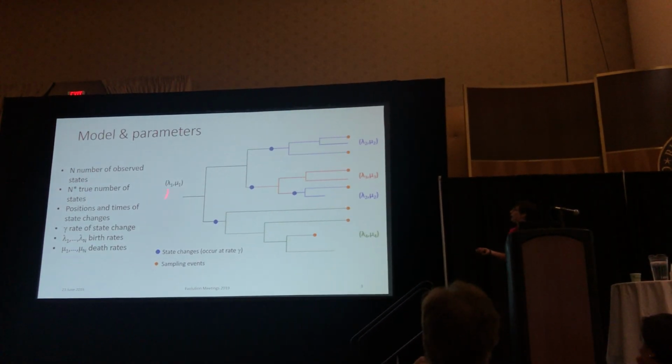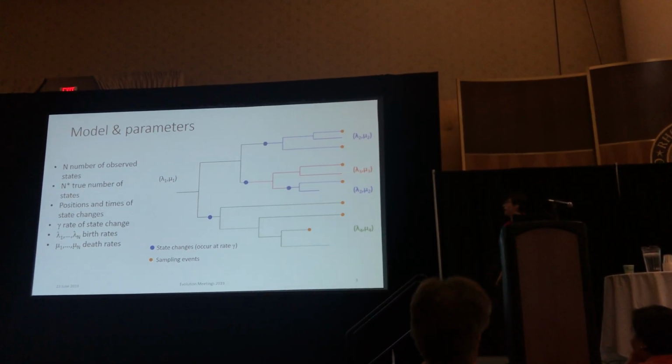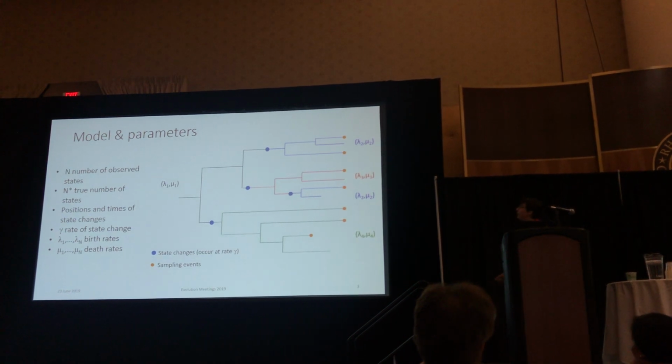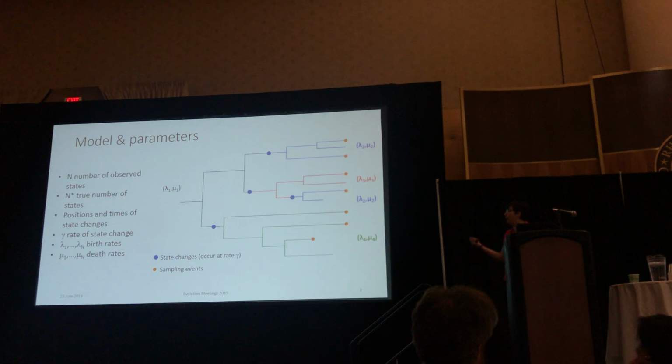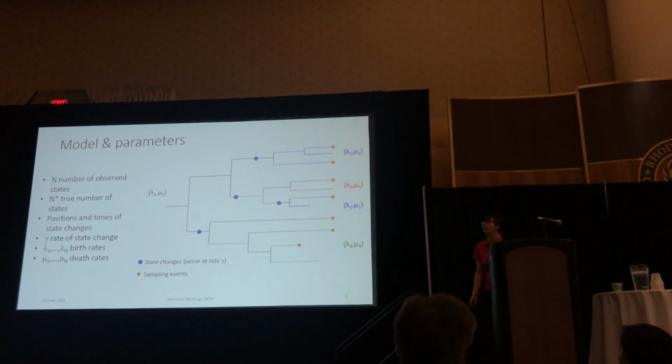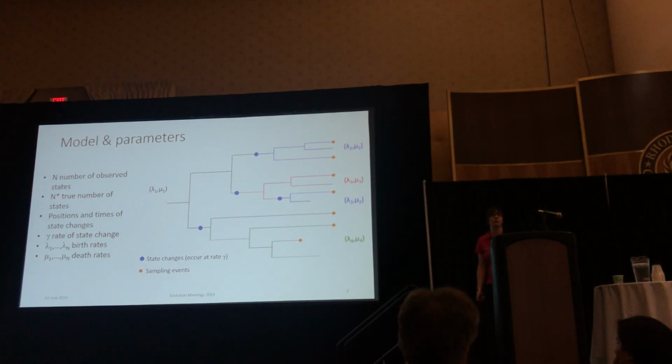We have a number of observed states, each state being correlated to a specific birth and death rate. One particularity, and a difference with, for instance, BAM that has been discussed earlier, is that we assume that there is an underlying true number of states.